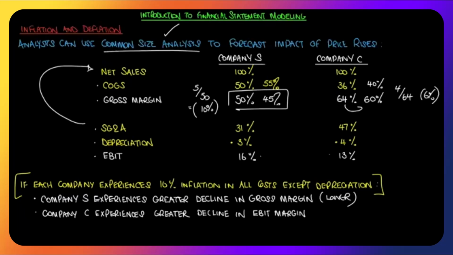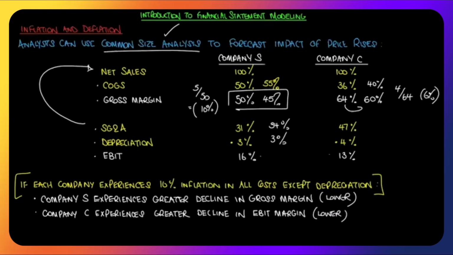You can probably guess then what happens to the EBIT and why this example is set up as it is. Because company C has the lower EBIT margin to start with, it will experience the greater decline. Now let's just make sure we believe that. SG&A, 31%. 10% increase in that is about 3%, so that's going to go up to 34.